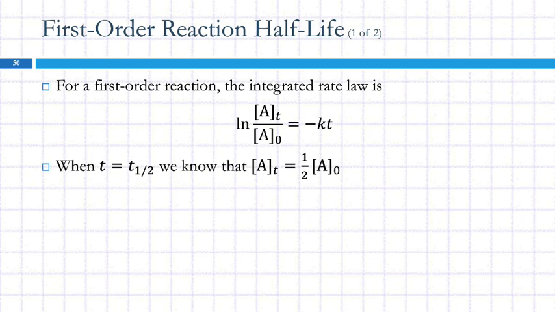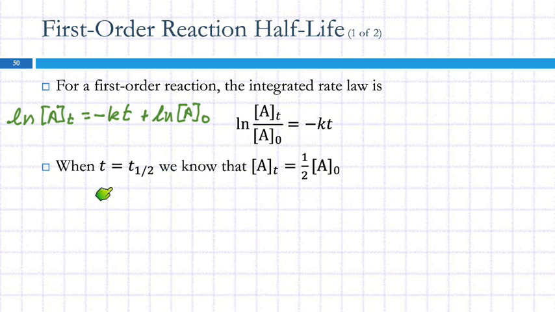So this is a rearrangement of natural log of A at t equals negative kt plus natural log of A0. We can take this and rearrange it. It involves knowing how log functions work, and we could talk about that in lab. We're not going to get into it now.